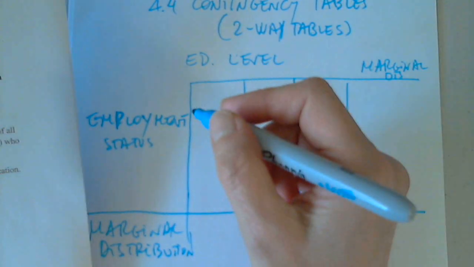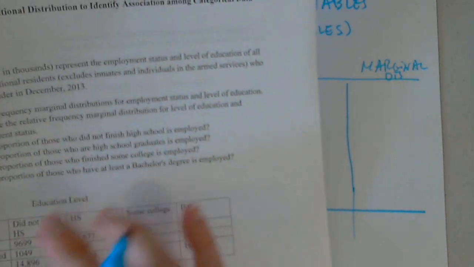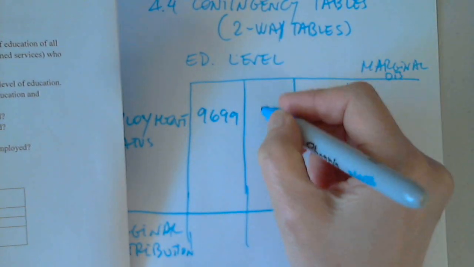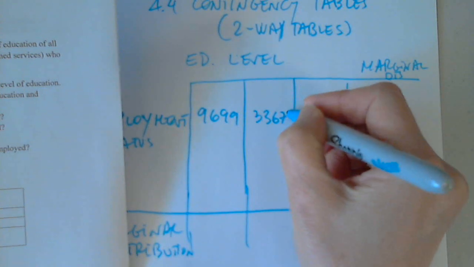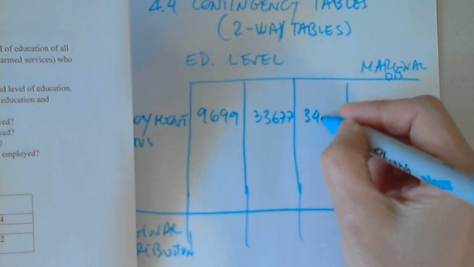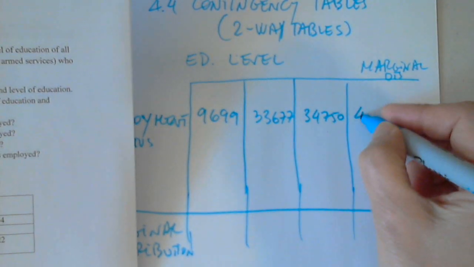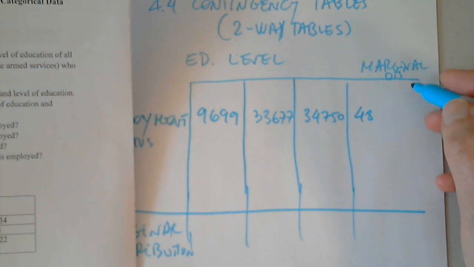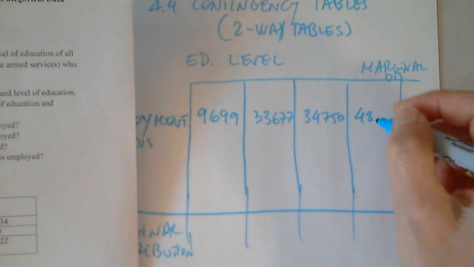I'm not going to copy the whole thing, just the numbers. So I have 9699, 33677, 34750, 48134. I didn't create enough columns.